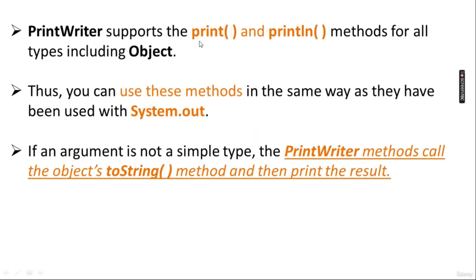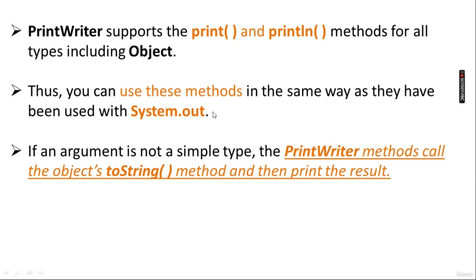Then PrintWriter supports the print and println methods for all types, including Object. Thus, you can use these methods in the same way as they are used with System.out. Okay. So PrintWriter supports all the print and println methods, including Object. And if an argument is not a simple type, the PrintWriter methods call the object's toString method and then print the result.